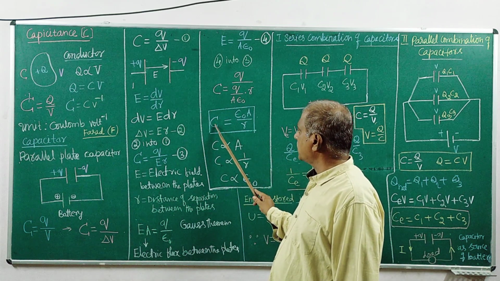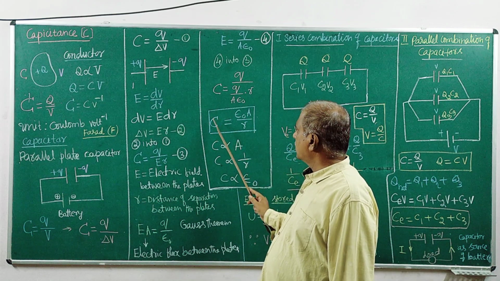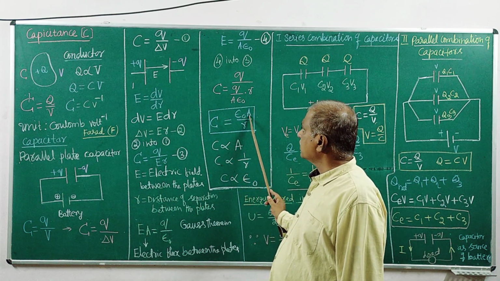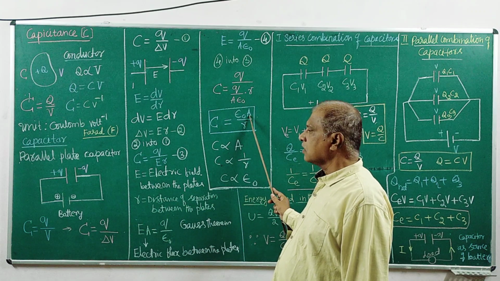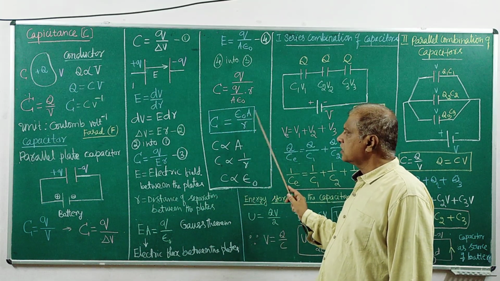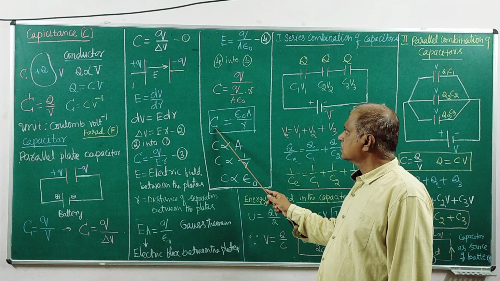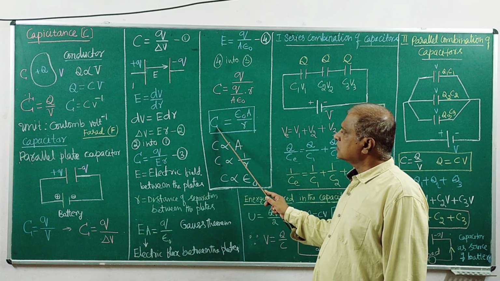Look at that. The capacitance of the capacitor depends on the surface area of the plate, either one, as both are the same. The larger the area, the higher the capacitance. The smaller the distance of separation, the larger the capacitance.